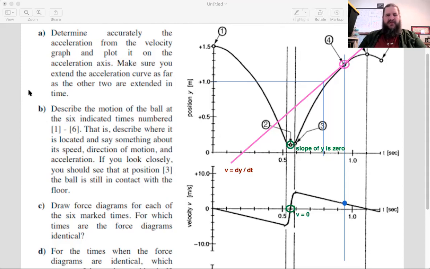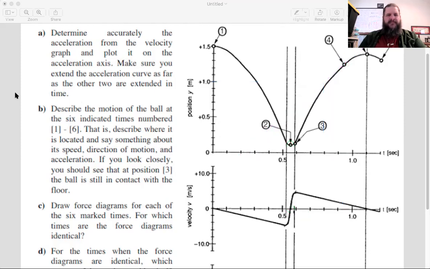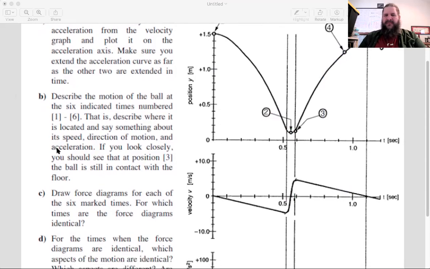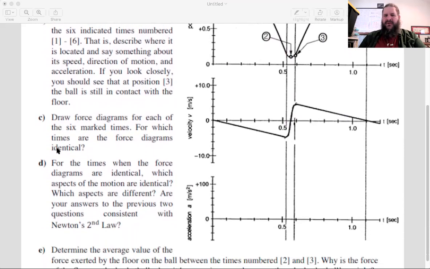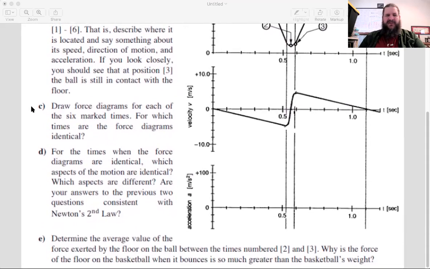So let's see if we can use this to draw out the acceleration graph as well. And for the acceleration graph, we don't actually need the position graph. We can just draw the acceleration graph directly from the velocity graph, because how are acceleration and velocity related? What is acceleration defined as?